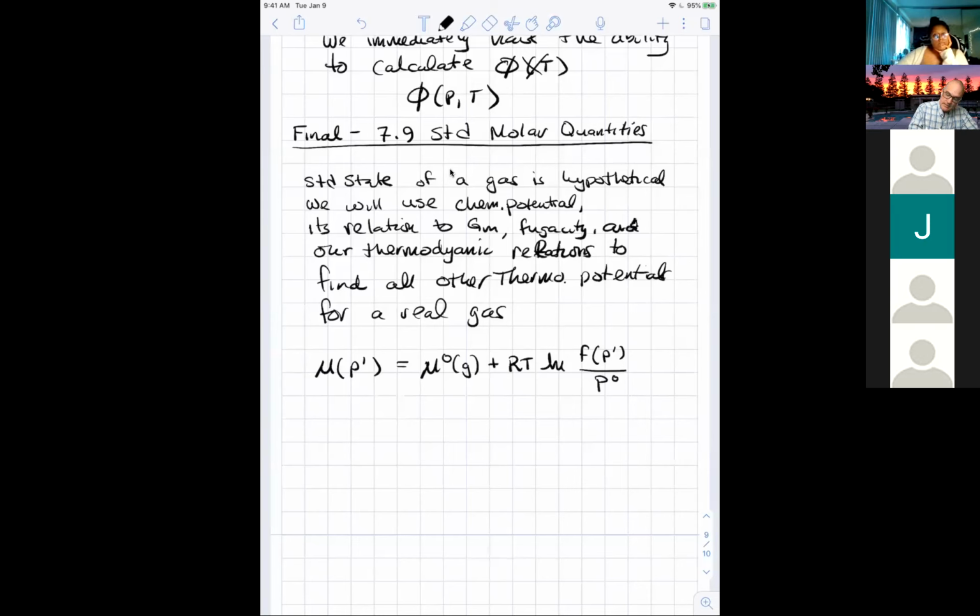We can say that this is the standard chemical potential plus RT log of the P part plus RT log of the function, the fugacity part. Okay, so what is that?